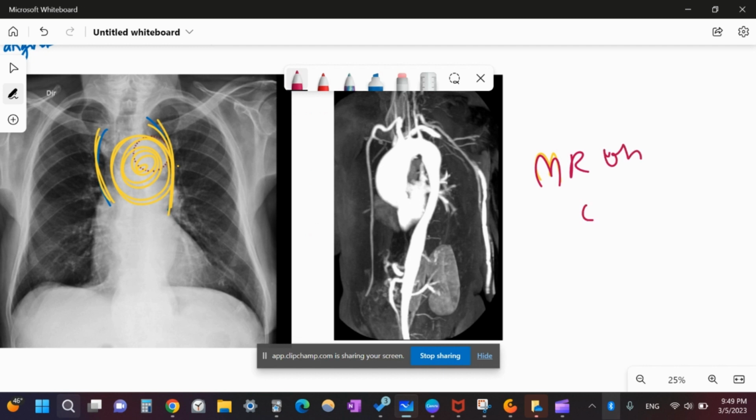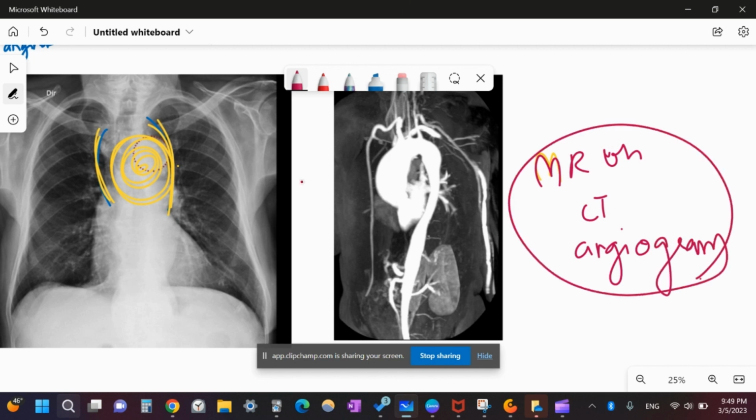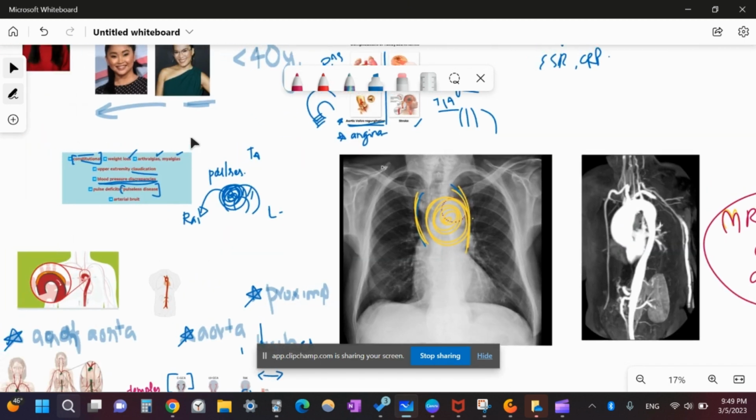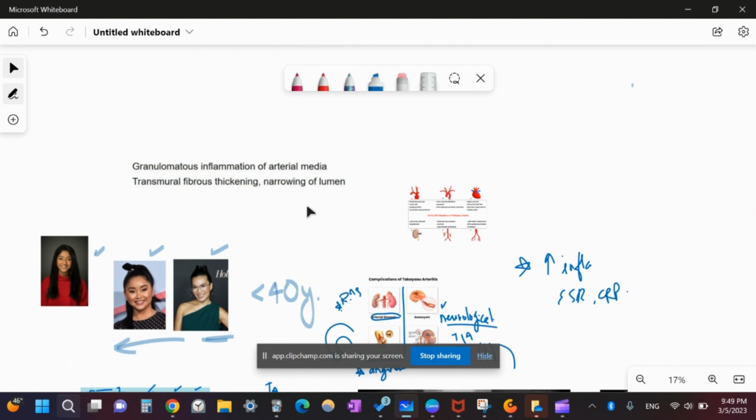And obviously this is again confirmed when you do an MR or CT angiogram, right? What you're going to see on MR and CT angiogram is that the local changes when it comes to Takayasu is going to be granulomatous inflammation of the arterial media.